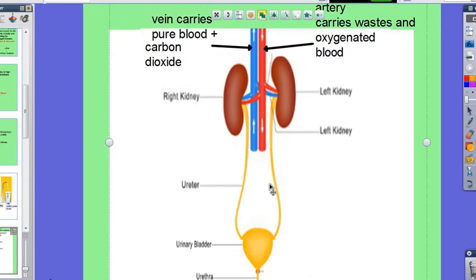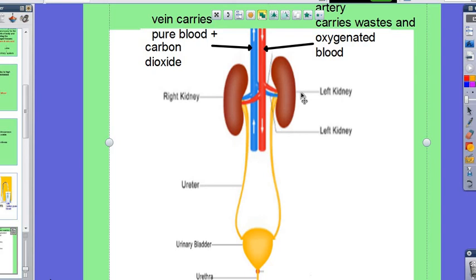Okay, what about the blood which doesn't contain any wastes, the clean or pure blood? It will be collected again by the vein. So here the vein which is connected to two kidneys contains pure blood plus carbon dioxide. Why carbon dioxide?